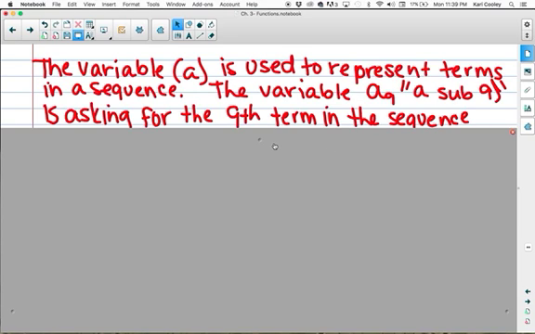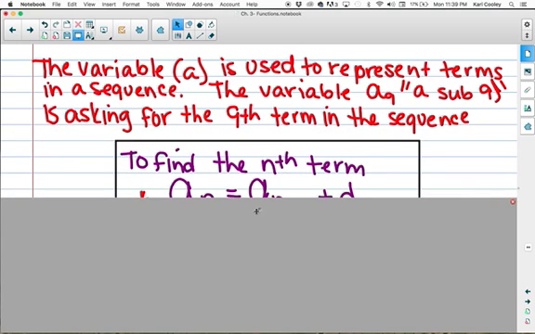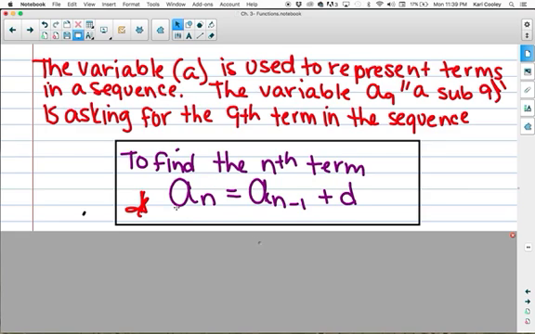Okay. The next thing I'm going to show you is a formula that I honestly don't feel you need. You guys absolutely know how to find the next term in a pattern, and that's simply by applying the pattern, the common difference, to the number before it, the prior number. And so that's all this is saying. If I'm looking for a term, take the term before it and add that common difference.